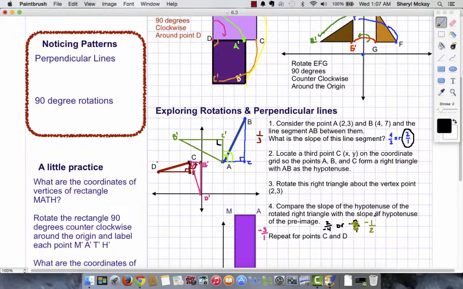Second slope, -1/2. First slope on my CDE was 1/3. So my hypotenuse was +1/3. And my rotated slope was -3/1. Do you see any kind of pattern? If you do, tell me what that pattern is now.